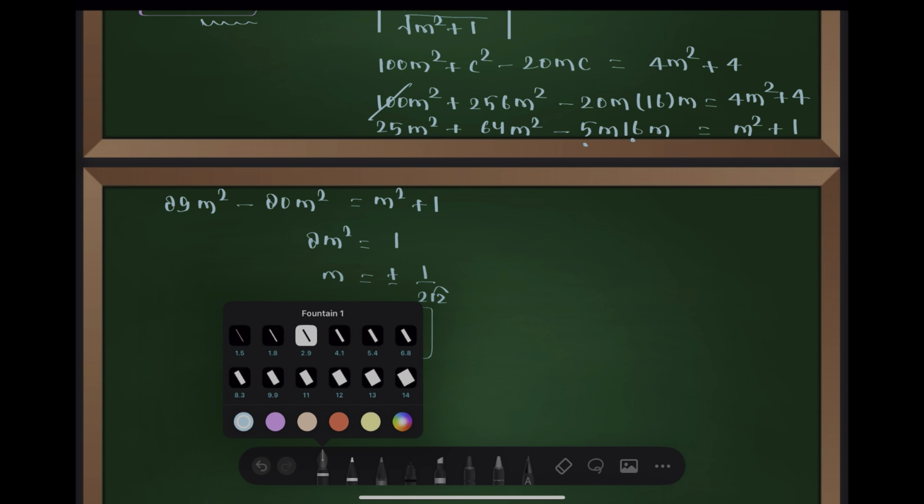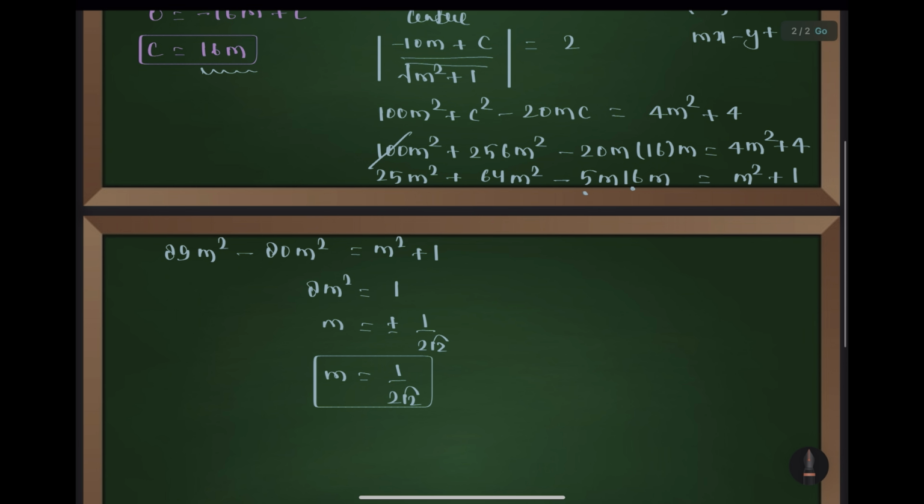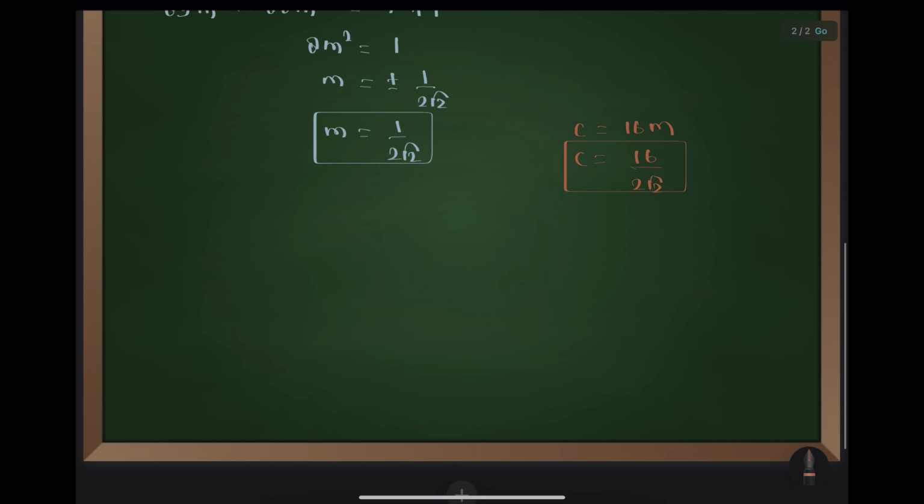Now we need c. So who is c? c is 16m, correct? So can I go with 16 by 2 root 2? I will not simplify this because later I have to add, so I'll keep it as it is. Now we have to find 4 root 2 m plus c.